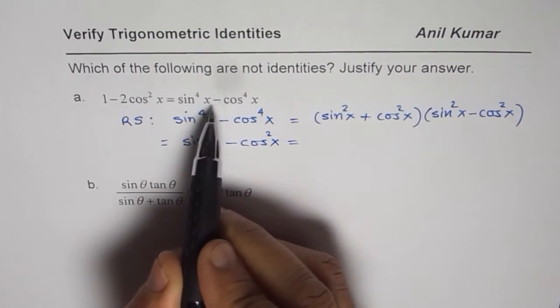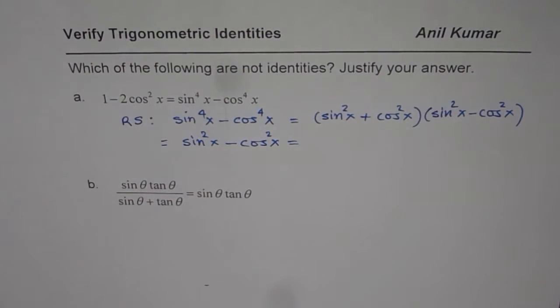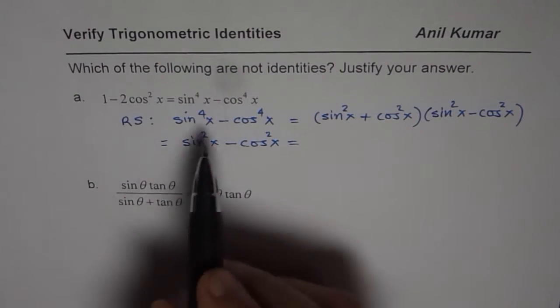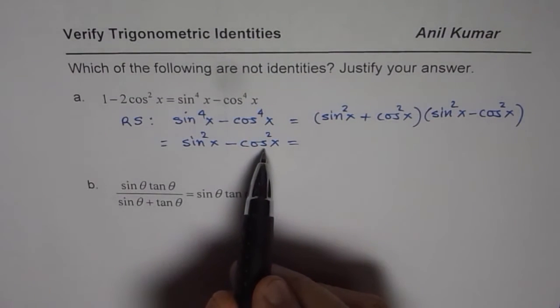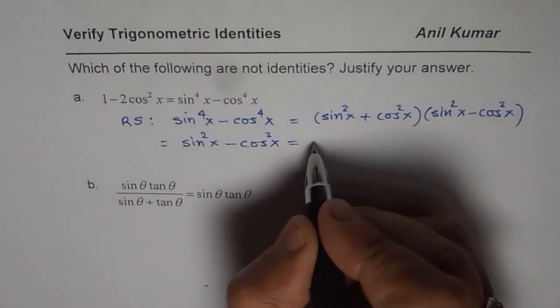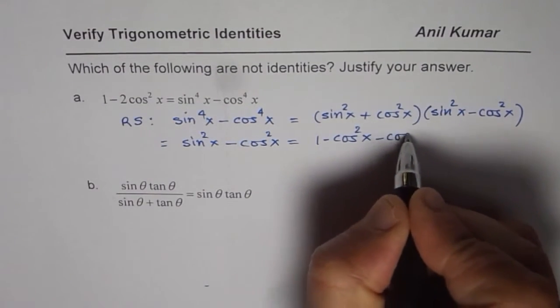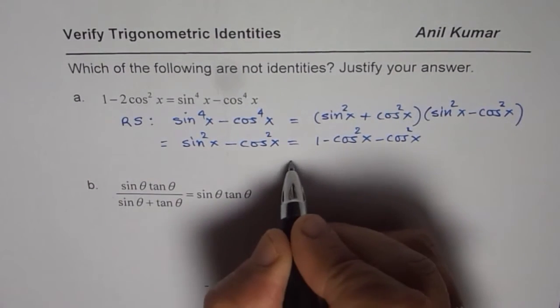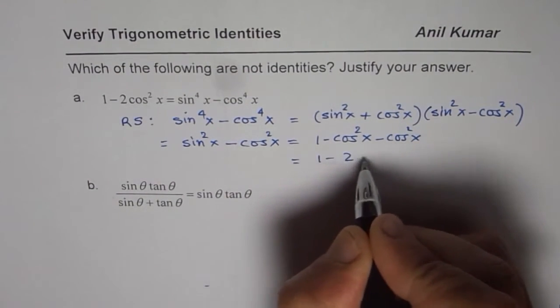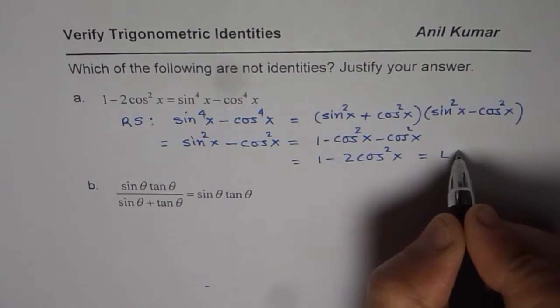We need to show that it is equal to 1 minus 2 cos square x, only then it is an identity. Now since we want to retain cos, we'll write sine square x as 1 minus cos square x. 1 minus cos square x minus cos square x, and that gives us 1 minus 2 cos square x, which is the left side for us.